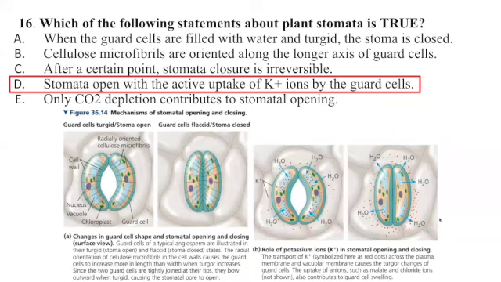Which of the following statements about plant stomata is true? Here you've also actually seen a very similar question to this before, where the correct answer was similar. So I feel like we've gone over this.